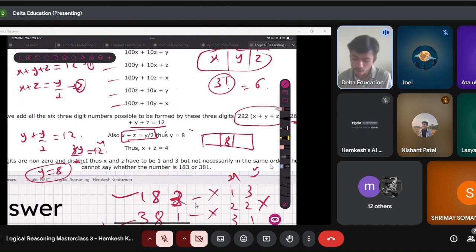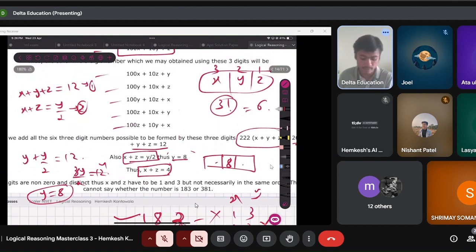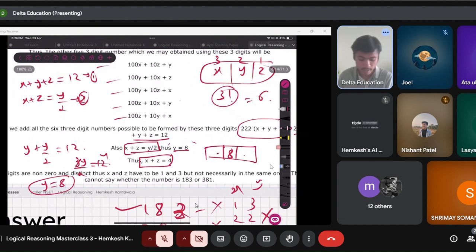Now we don't know the other two digits, correct? But what we know is that x plus z is 4. If y is 8, if we put the value of y here, then we get x plus z as 4, correct? So the sum of the digit over here and this digit over here becomes 4, correct?